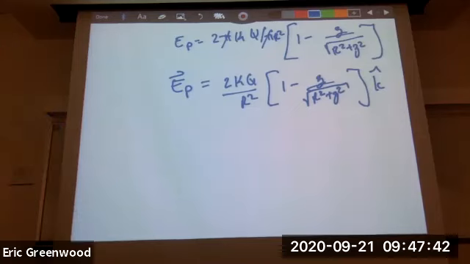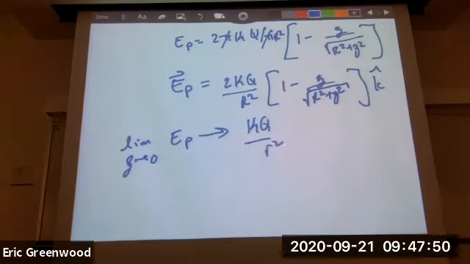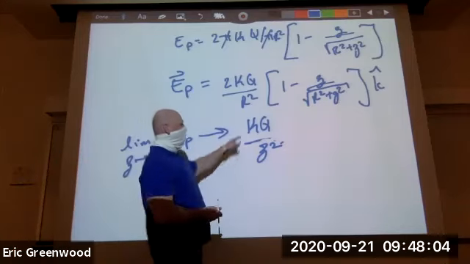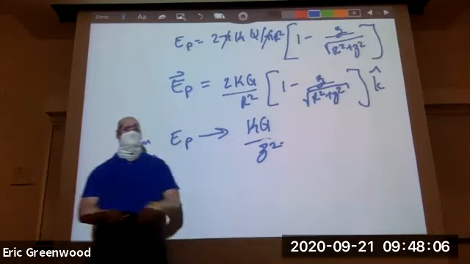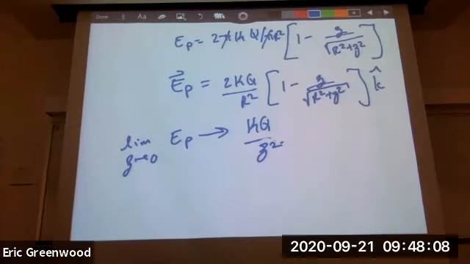Which means that if I take the limit of this as z goes to infinity, this electric field better become kq over r squared, which in this case is z squared. If this does not hold, something is wrong. So if I go far enough away in the z direction, this thing better look like a point charge, where we know the electric field is kq over r squared, where r in this case is simply z.